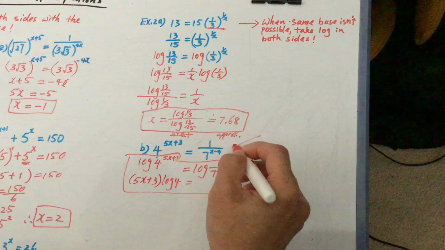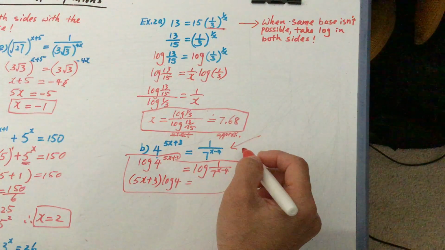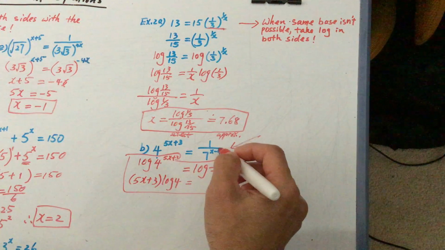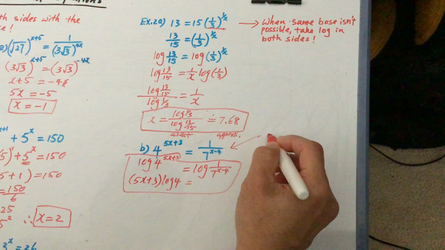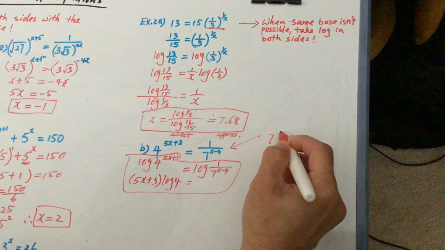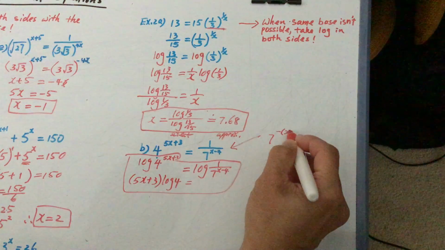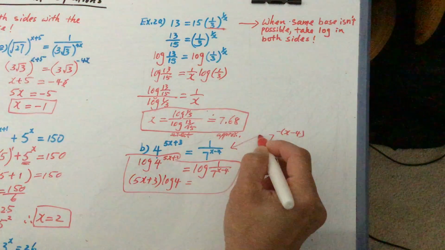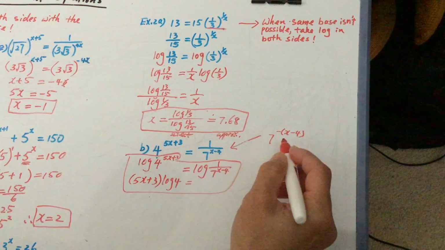I will look at this one here. The 1 over 7 to the exponent will be like 7 to the negative of x minus 4. Okay, yeah, I think this is the better way to deal with it.